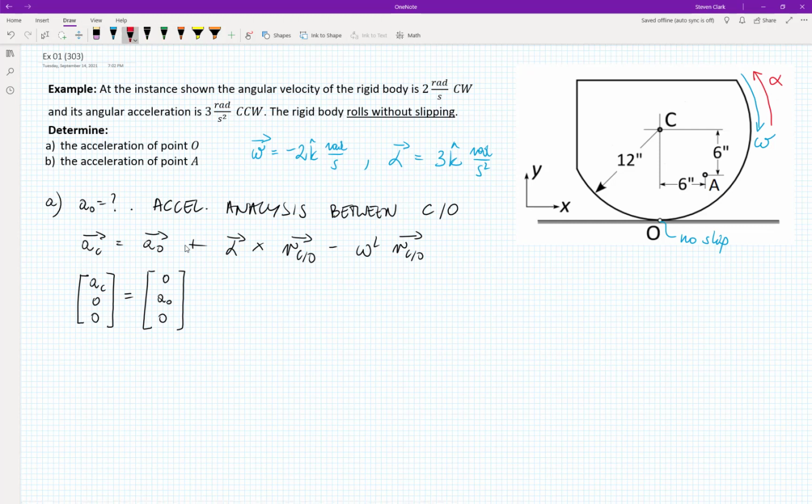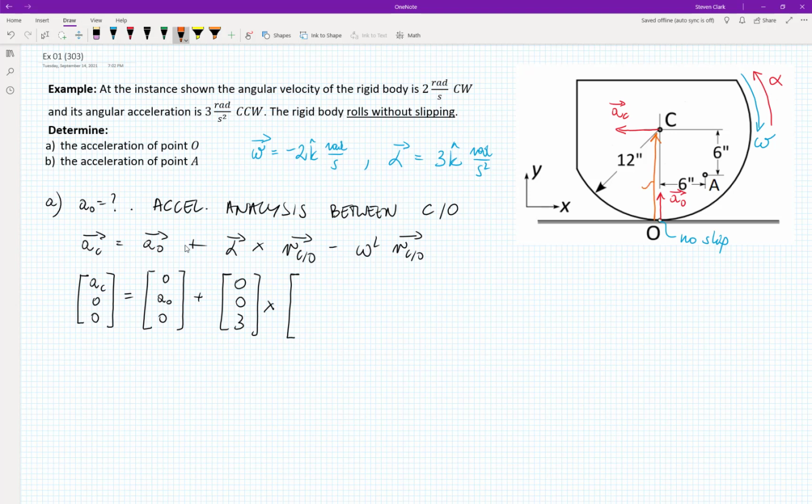So AC will only have this component, and AO will have only this component. Plus alpha is given, alpha is 0, 0, 3 times this vector, and this vector is not on the board. Let's draw it. It will be orange, okay?